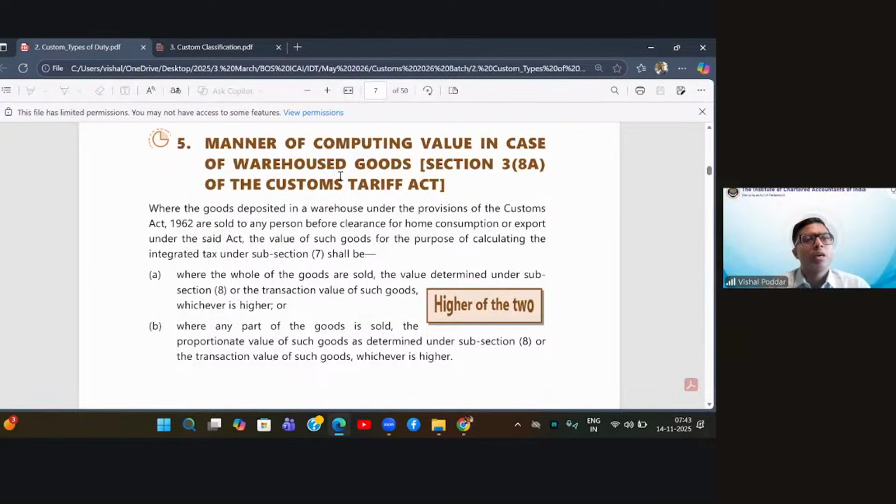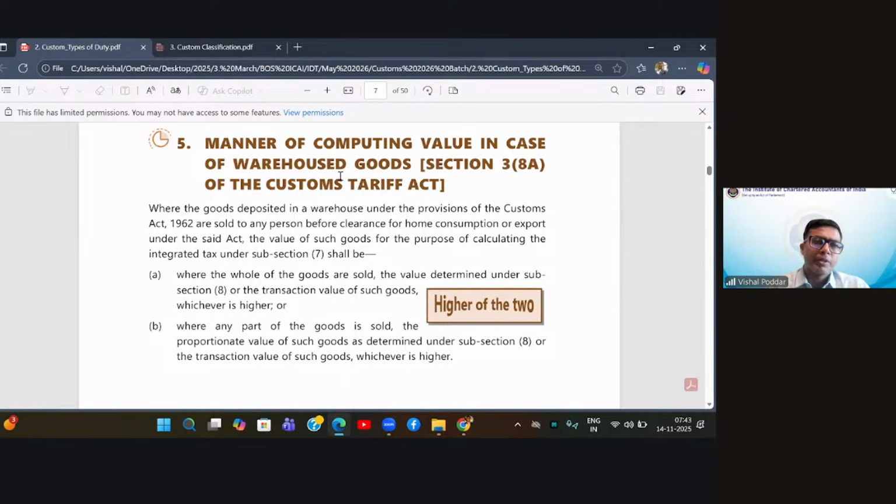Import is said to be triggered, or the liability is said to be triggered, when the importer files the bill of entry. Now, when my goods are imported, I have requested the customs to keep the goods in the custom bonded warehouse. So they will remove the goods from the port and shift them to the custom bonded warehouse.